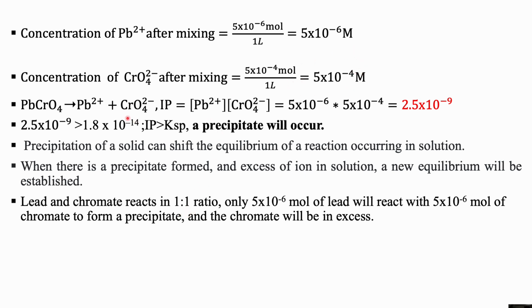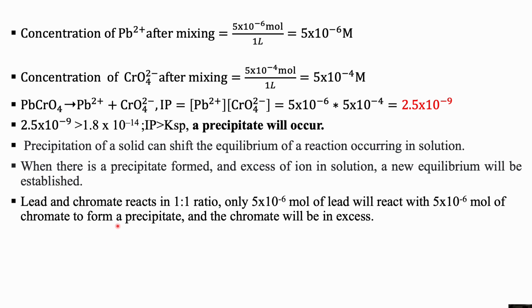And if you check the reaction, 1 mole of lead reacts with 1 mole of chromate. That means this concentration, 5 times 10 power negative 6, will react with 5 times 10 power negative 6 of chromate. So that means we'll be having one in excess.